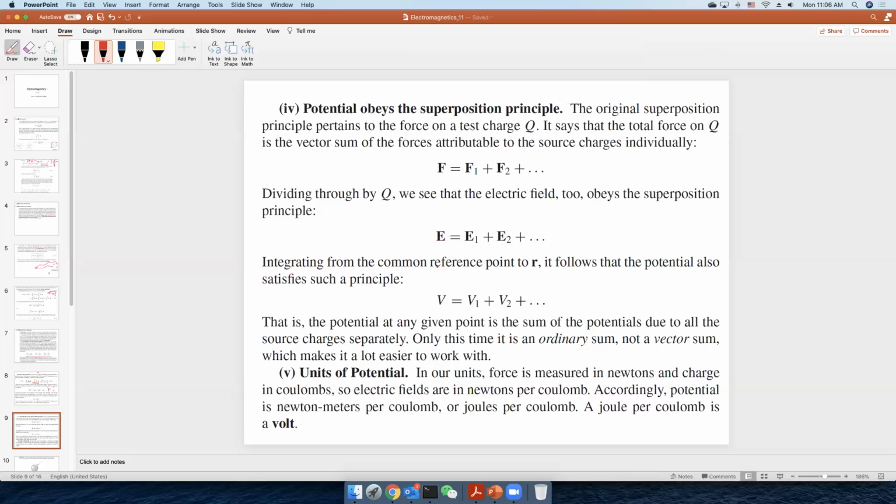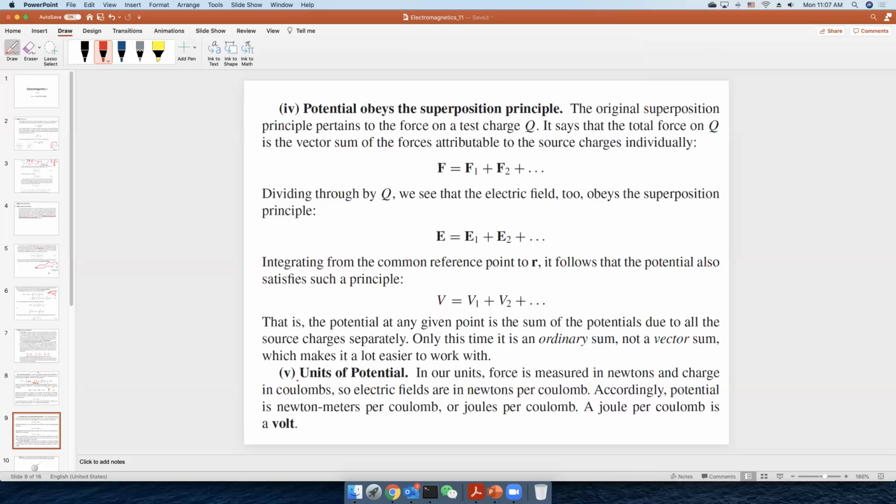Integrating from a common reference point to R, the potential also satisfies the principle. So the potential at any point equals the sum of the potentials generated by multiple charges. So V equals V1 plus V2 plus all the V components.